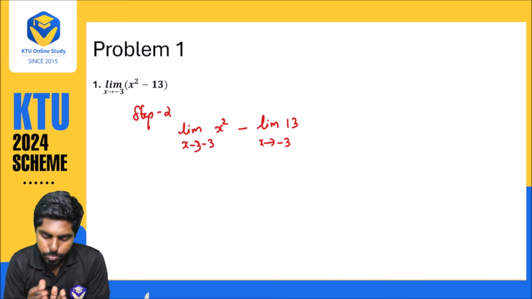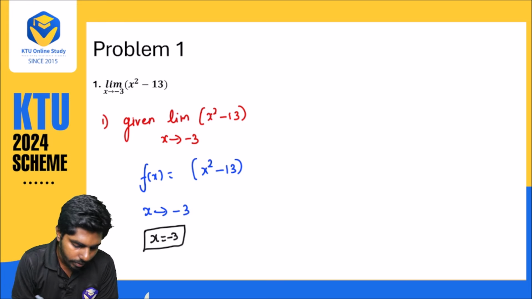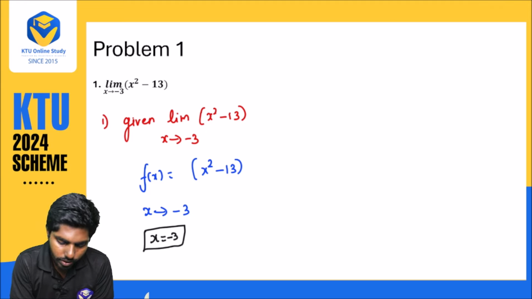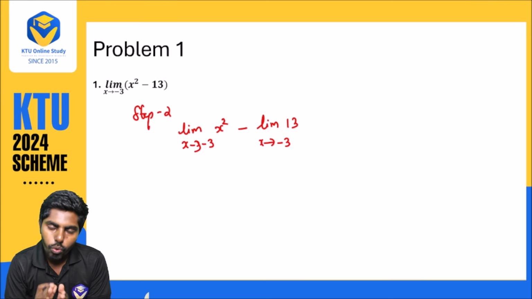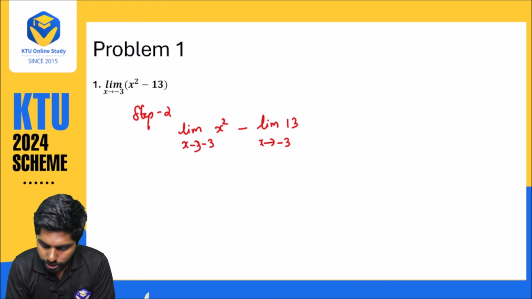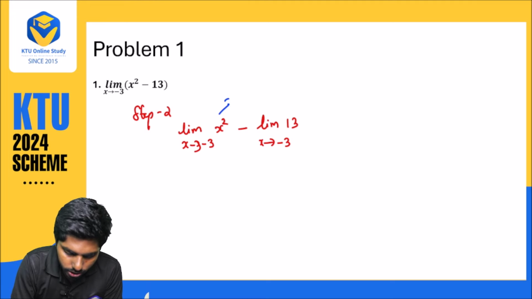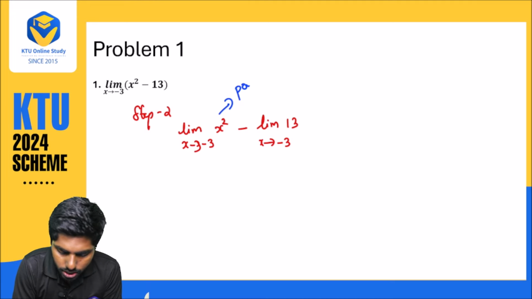You can split like this, or you can directly substitute the value to get the answer. When you split, you get clarity and won't make any mistake. When you are splitting, this is the power rule.